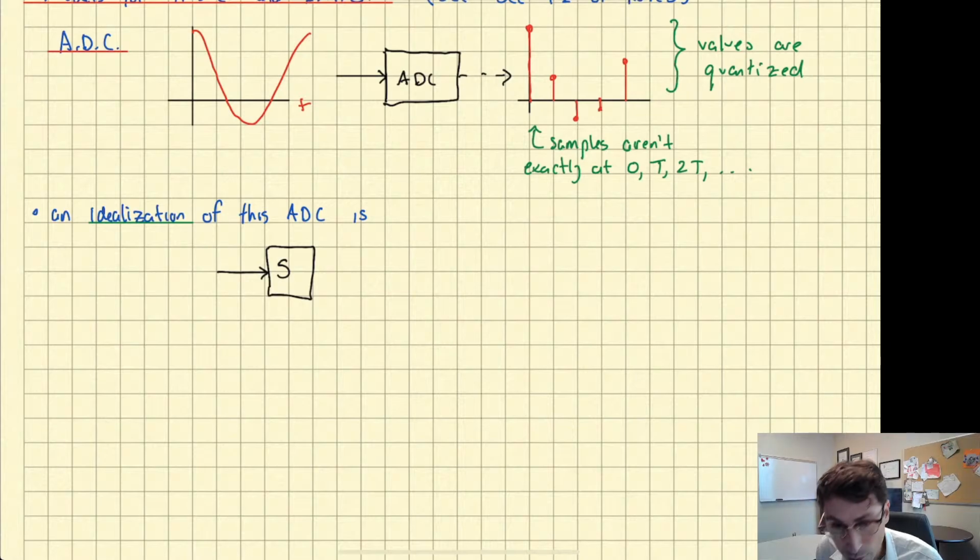The first is what we'll always indicate with an S, our ideal sampler. And the second block is the quantizer.